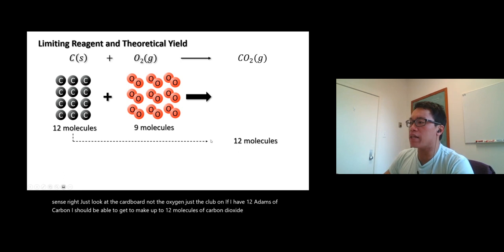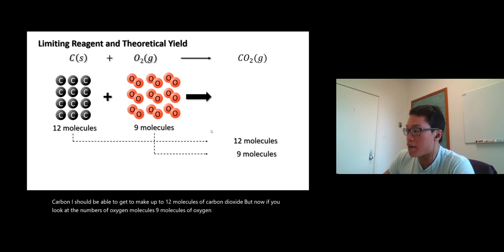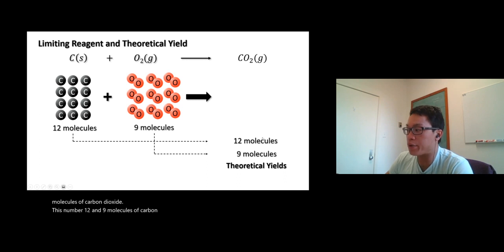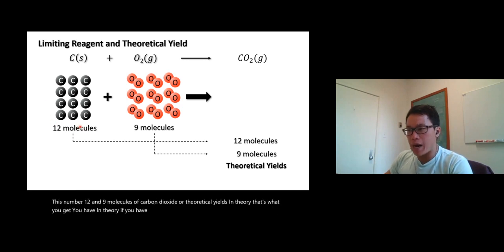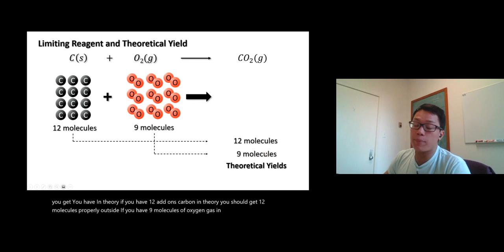But now, if you look at the number of oxygen molecules, 9 molecules of oxygen gas, I'm supposed to get 9 molecules of carbon dioxide. These numbers, 12 and 9 molecules of carbon dioxide, are theoretical yields. In theory, if you have 12 atoms of carbon, you should get 12 molecules of carbon dioxide, and if you have 9 molecules of oxygen gas, you should get 9 molecules of carbon dioxide.